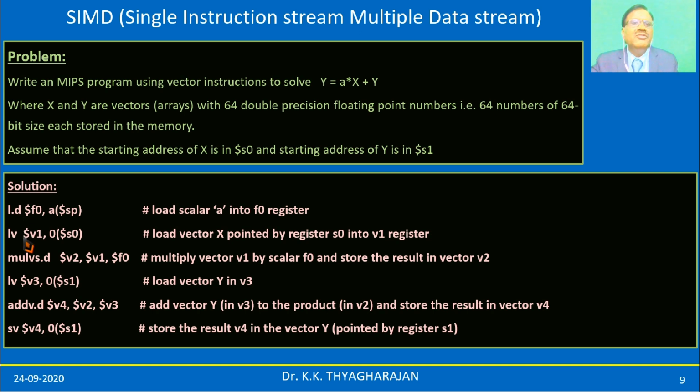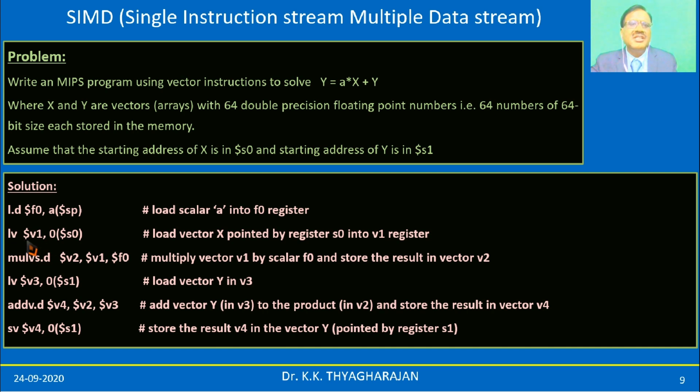Then you have to load the vector in the register V1. For that you use this instruction, load vector. You observe that there is no D, because all the vector elements are double precision values. So you need not put .D here.